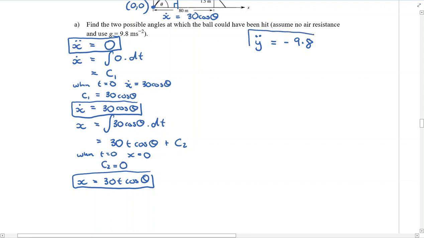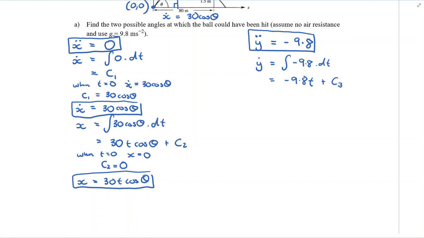To find the velocity, I need to integrate the negative 9.8 in terms of t, so dt. Integrating that constant, you will get negative 9.8 t plus c. I'm going to go c3 is where I'm up to. I've had two constants already. Okay, what do I know?